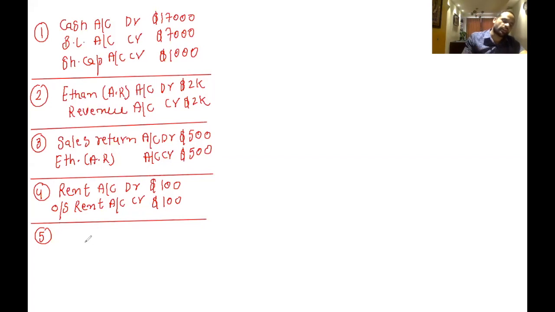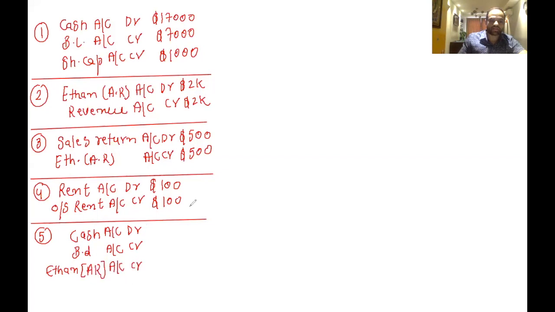Yes, that's right. Cash account debit, bad debts account, and Ethan account receivable account credit, right?